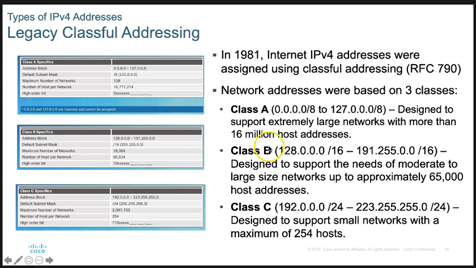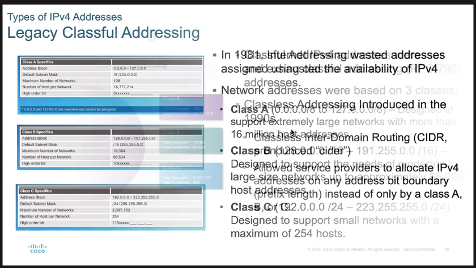There's Class A, Class B, Class C, and trust me, there's also Class D and Class E. However, the three most common ones that we deal with are Class A, Class B, and Class C. Each class has its own range, as you can see. Okay.